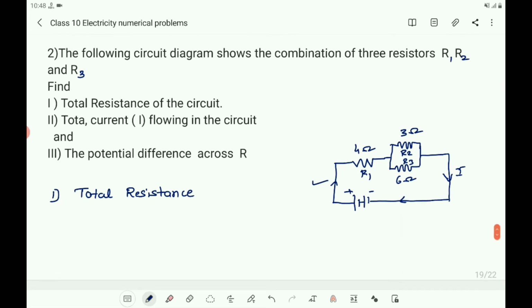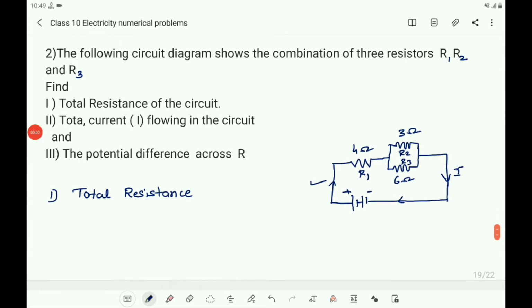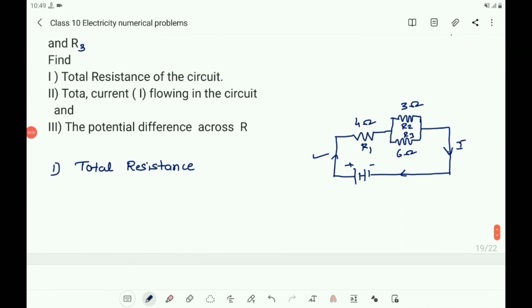So first you get the equivalent resistance, the total resistance in the parallel combination of R2 and R3.